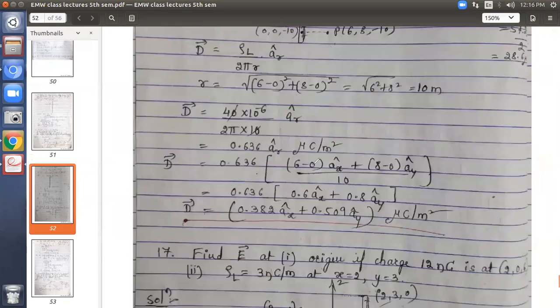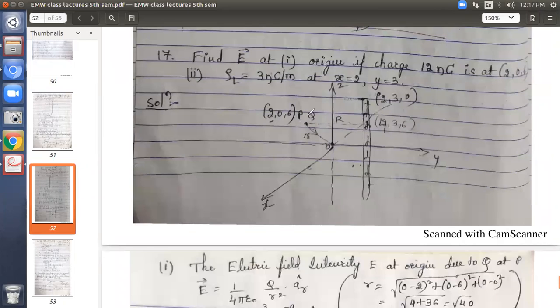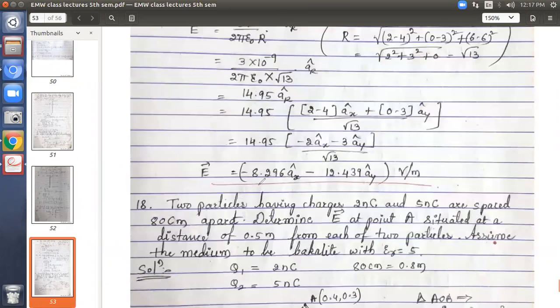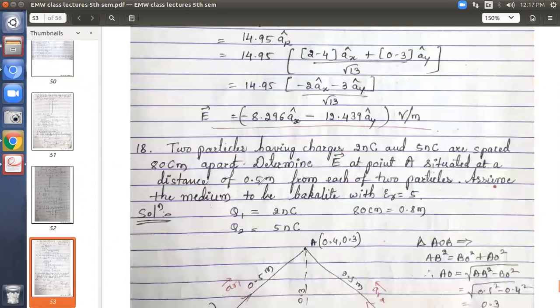But if you remember here in the third, you have to move this 2 and 2 point a little bit, then the 6 and 3. Nothing was added to 3 because here it is 0. Fine. So these are the 3 problems which we have solved based on linear charge density.